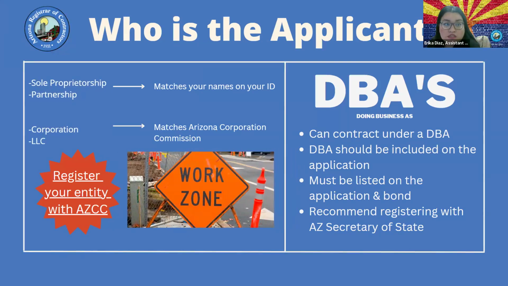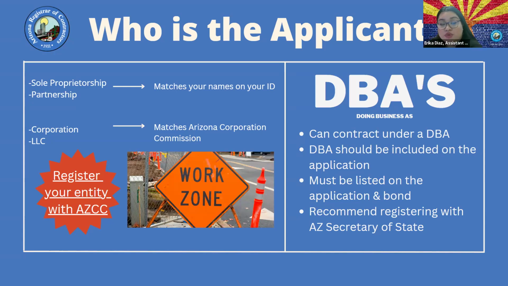Okay, so first and foremost, in order to start the application process, you want to know who is the applicant. A couple different options that you have would be a sole proprietorship or partnership. Those are basically without a business. So the company or the sole proprietorship or partnership name would be what you find on your government issued ID. Now you also have the option of applying as a corporation or LLC.